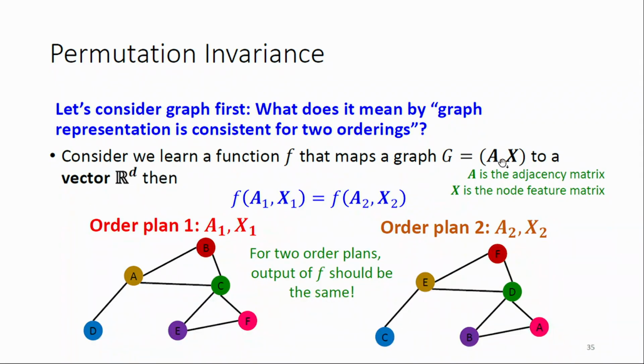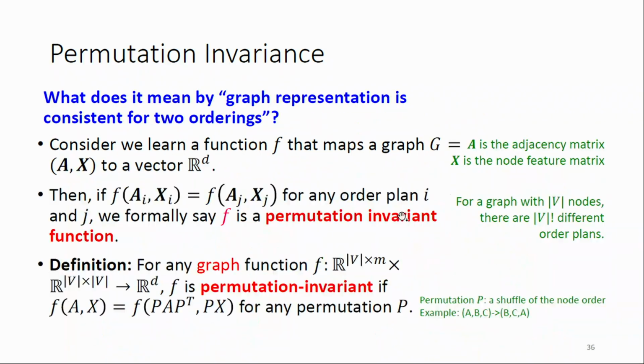We call the function f permutation invariant, meaning that if you evaluate the function for two different order plans, they give the same value. More generally, the function is permutation invariant if, for any possible order plan of the same graph, the function remains the same.